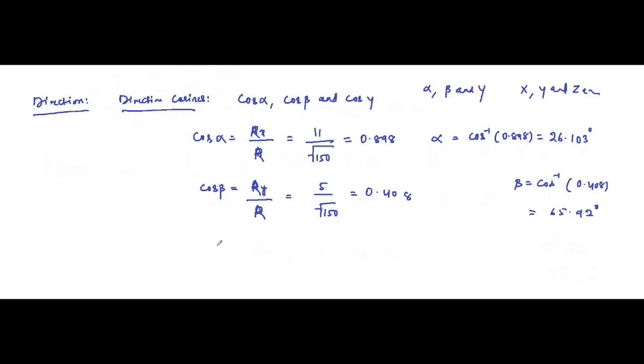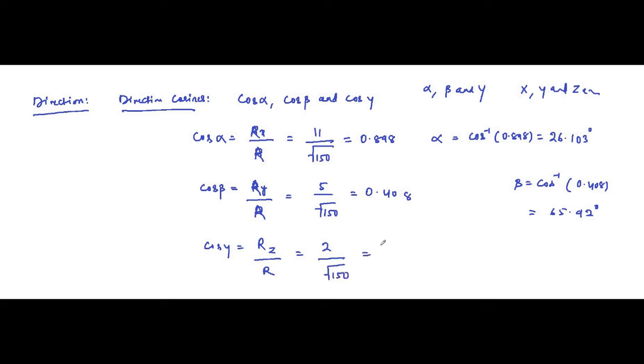Next we have to find out cos gamma, that is the z component by the magnitude, which is equal to 2 by root over of 150.